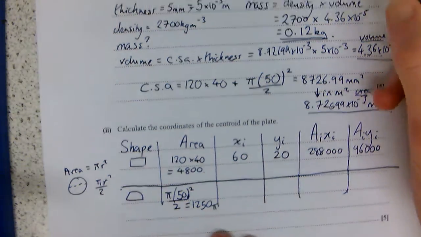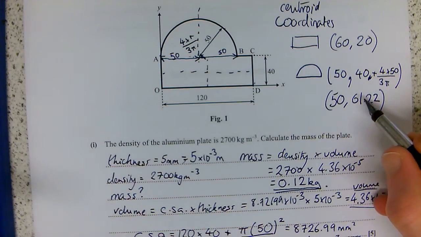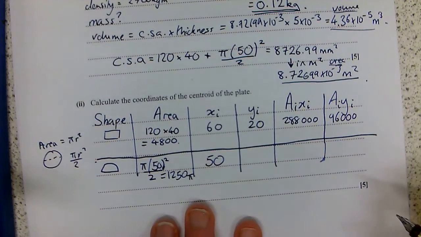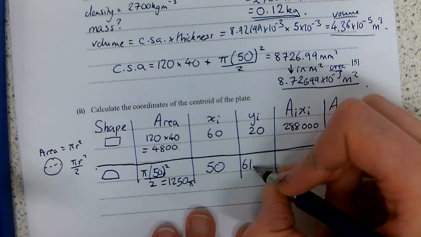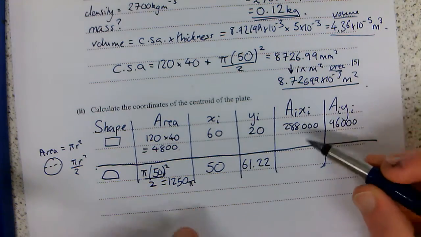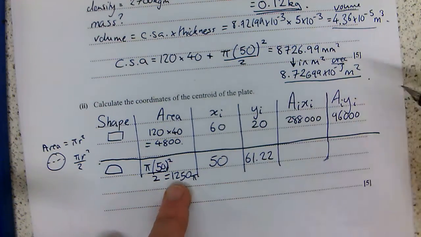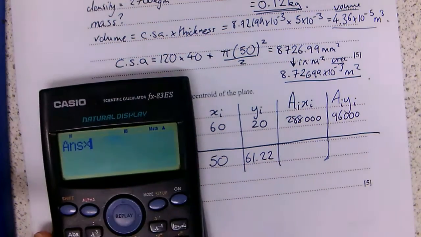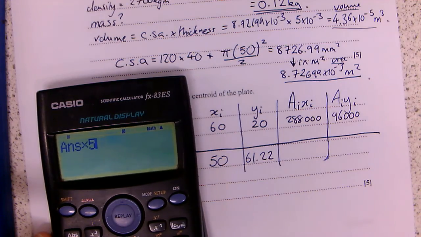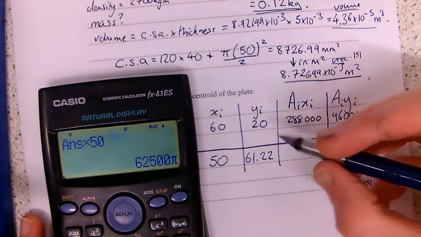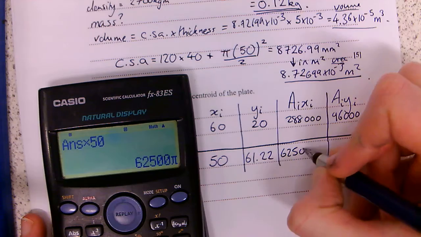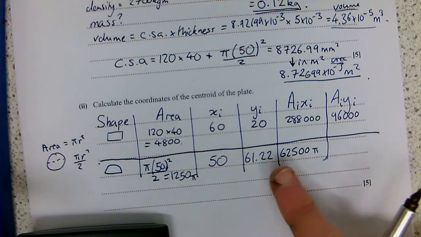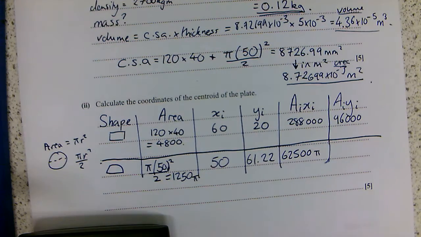Right, second thing, we already found our x coordinates, so 50 is the x coordinate, and our y coordinate was 61.22. Then we do the same thing, we take the area, times it by the x coordinate, then we take the area and times it by the y coordinate to go in this box.